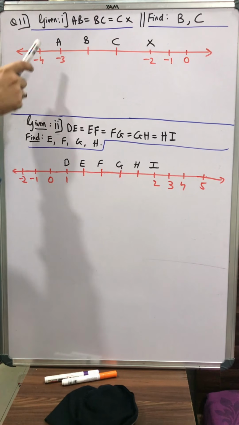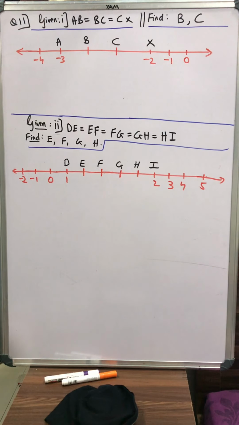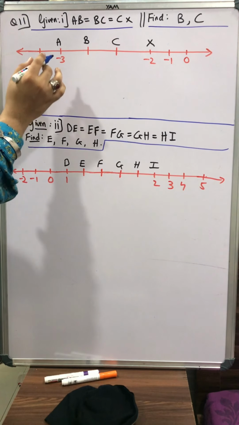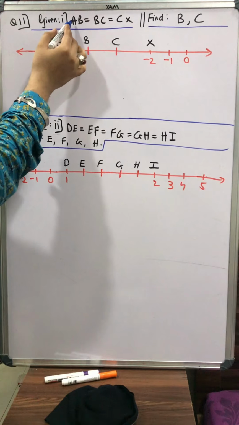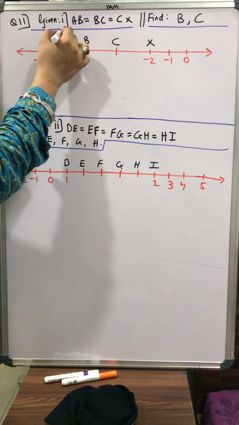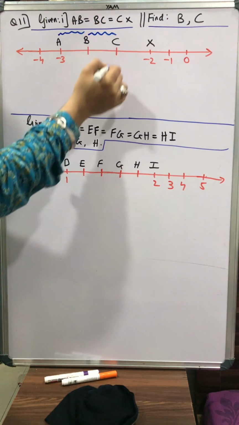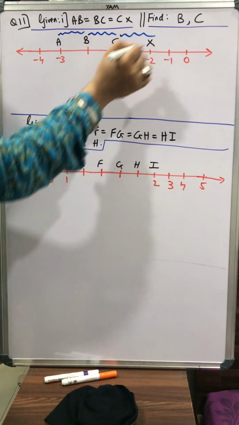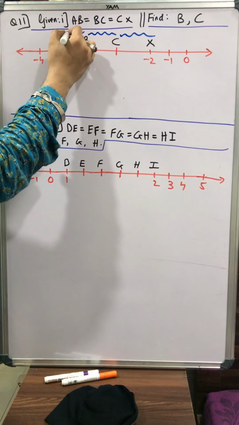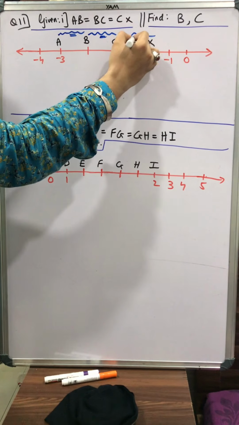Now let's first do the first part of the number line, and then let's do the second part. Okay, now it's mentioned in the question, students, very important, that AB is equal to BC is equal to CX. AB is this part, this AB is equal to this BC is equal to CX. AB, this part, is equal to BC, and this is equal to CX.